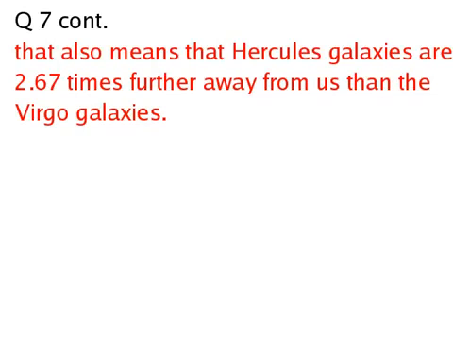Okay, well, now that we have the factor of how many times further away the Hercules galaxies are, we can use, I think that's question 8 now. In question 8, if the distance to the Virgo cluster is 45 million light years, what is the distance to the Hercules cluster? So we can just multiply the actual distance in light years of the Virgo cluster by the factor of how many times further away the Hercules cluster is.